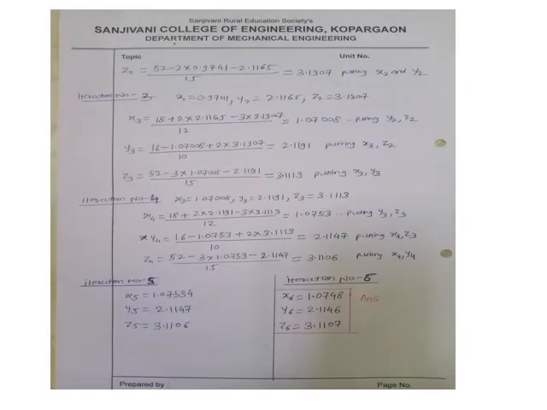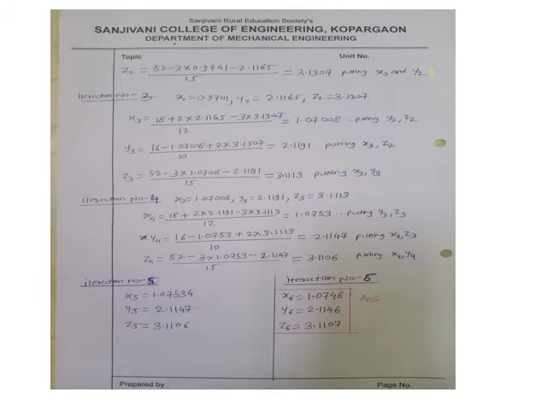While calculating z2, you use the values of x2 and y2 to get z2. Similarly, for iteration number 3, you use the values you just got, that is x2, y2 and z2. While calculating x3, you will use y2 and z2. While calculating y3, you will use x3 and z2.